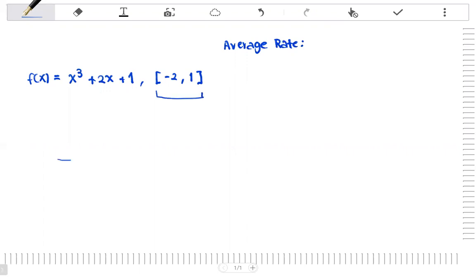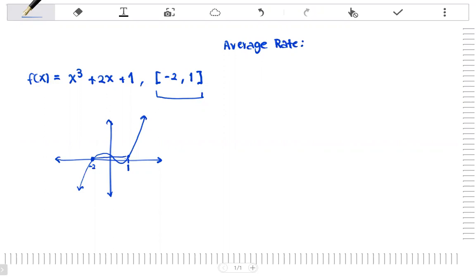So if we graph this function, x cubed plus 2x plus 1, I'm not sure what the graph would look like, but it would look something like this, right? And what we mean by this is we find the average rate from -2 to 1. So that's -2, that's 1. There's 1 point, and that's another point. And we find the slope of this line.